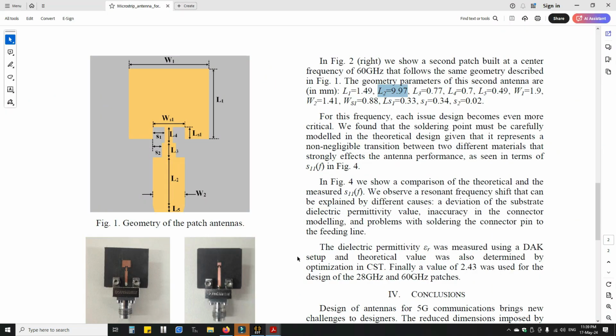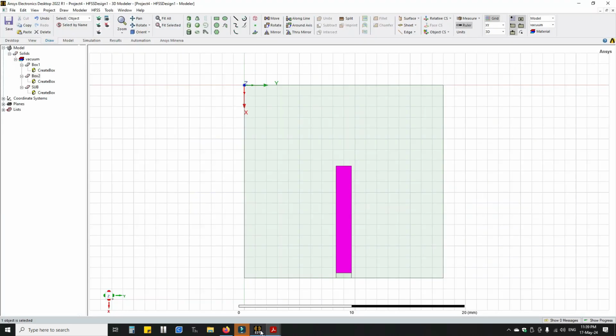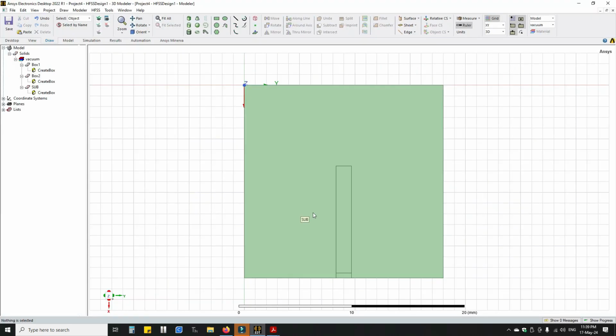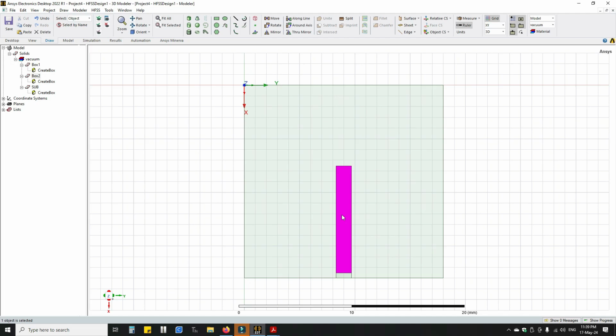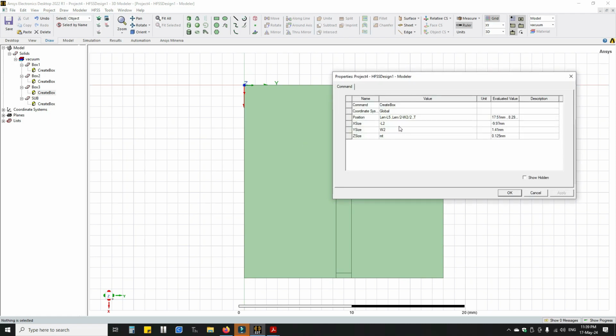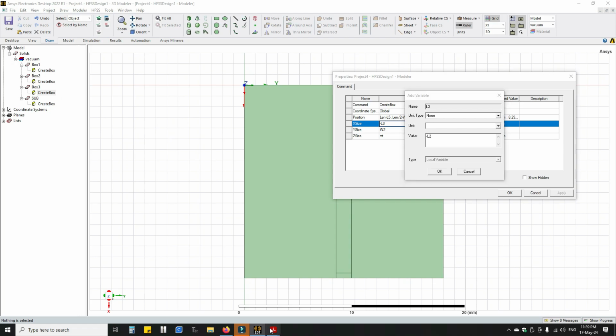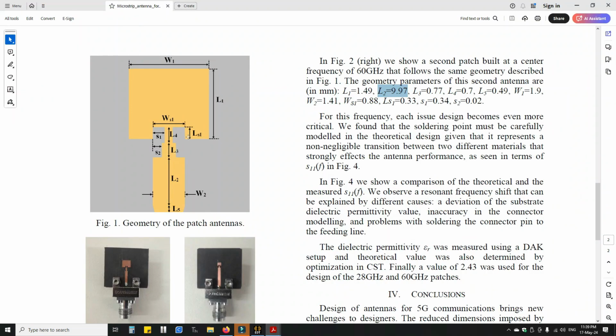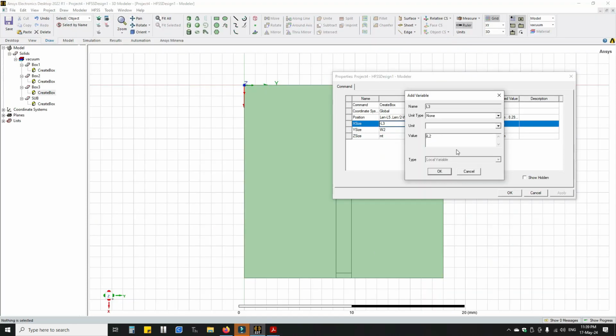Now we're going to add L3 on the top of this structure. There's no other way, just copy and paste. This is started at L3. L3 is 0.77. Go to here, it is 0.77 millimeters.